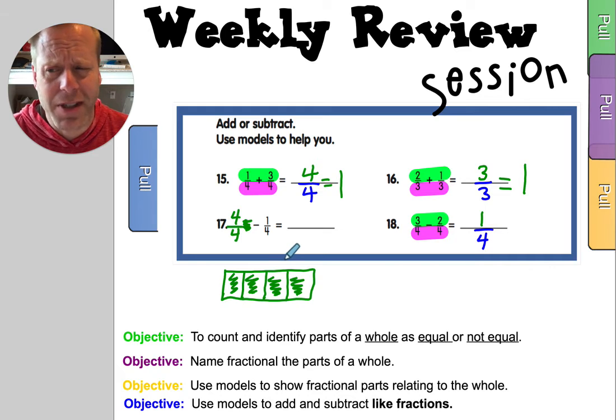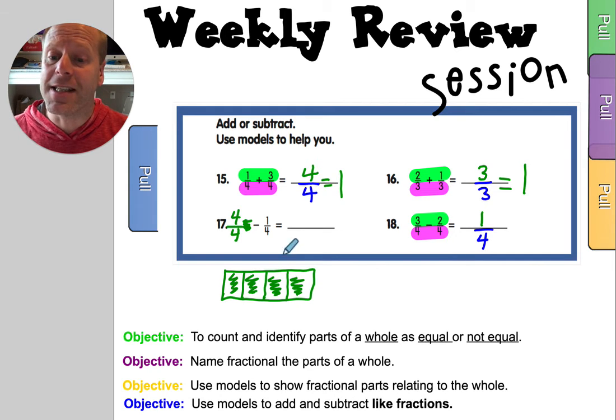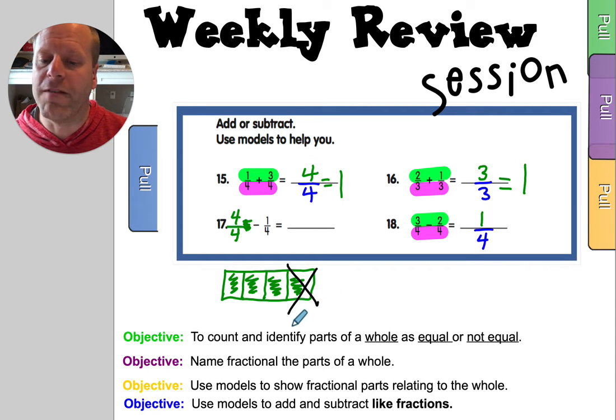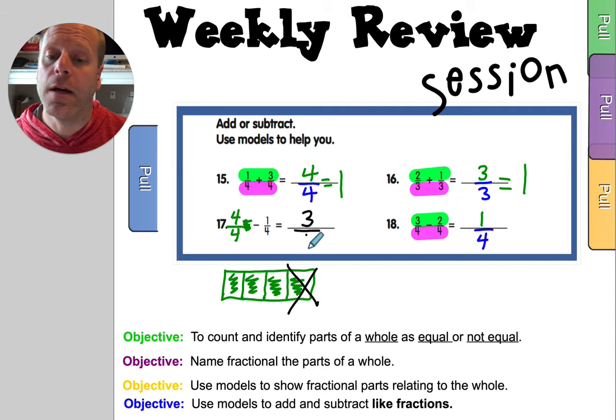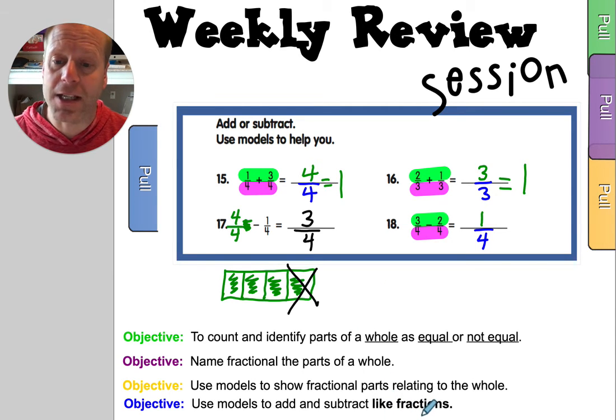Before it just kind of was confusing, but now I can see I have 4 fourths and someone takes 1 of my fourths away. So I'm left, 4 take away 1, with 3 fourths. The fourth still doesn't change at the bottom. The denominator stays the same. That's part of being a like fraction. When you're adding and subtracting fractions, they always have to be alike.